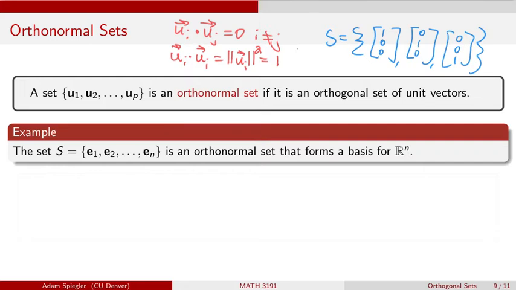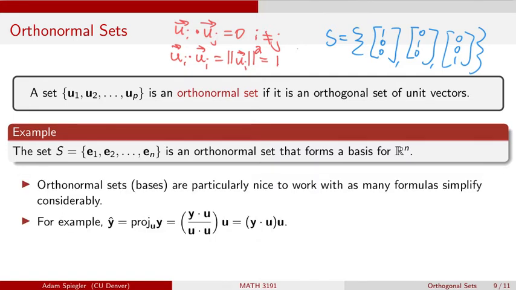Each of these vectors does have magnitude 1, so that checks out. And taking the dot product of any one of these vectors with any other vector gives us 0. So this set is an orthonormal set that forms a basis for, in this case, R3, but more generally for Rn. We would call this an orthonormal basis for Rn.